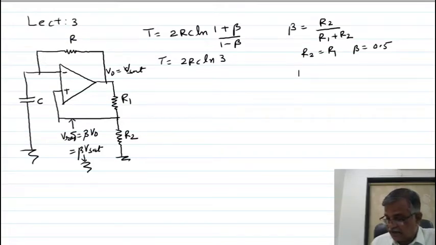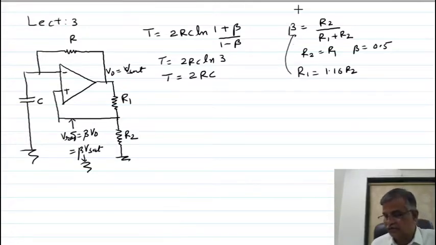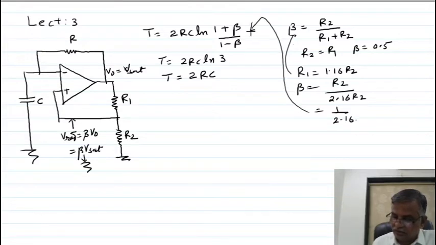If I take R1 equal to 1.16 R2, then beta is nothing but R2 upon 2.16 R2, so it is 1 upon 2.16. By putting this value here, you can get T equal to 2RC.